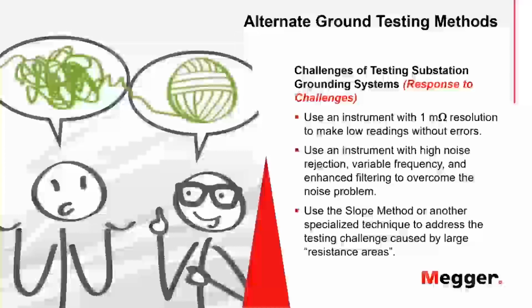You also want to be careful of noise rejection, because that's a huge factor in substations. So you want to get a tester that has very high noise rejection. Next.